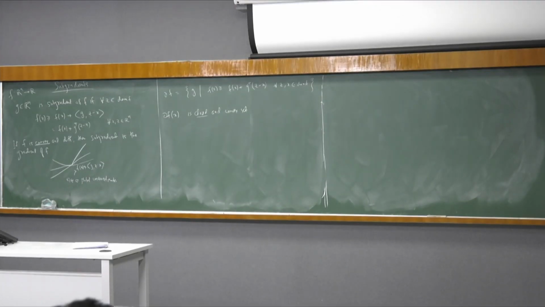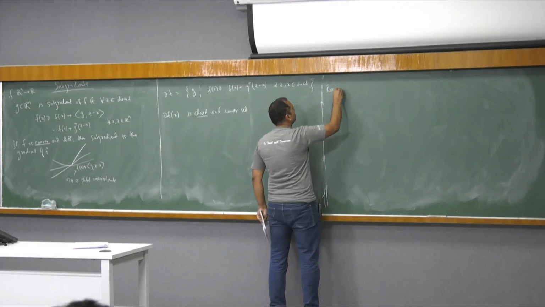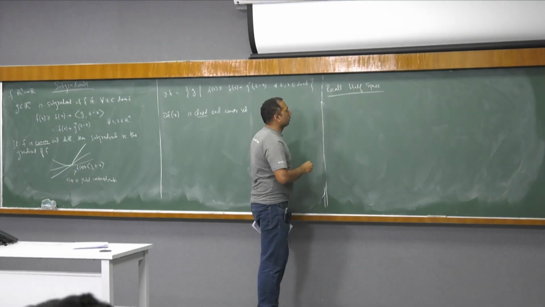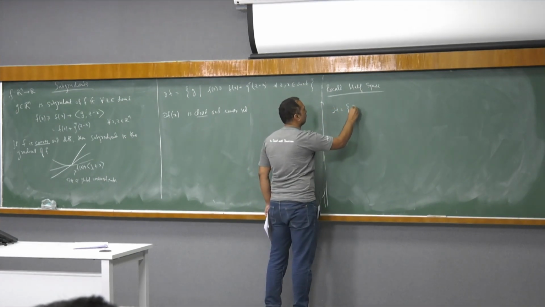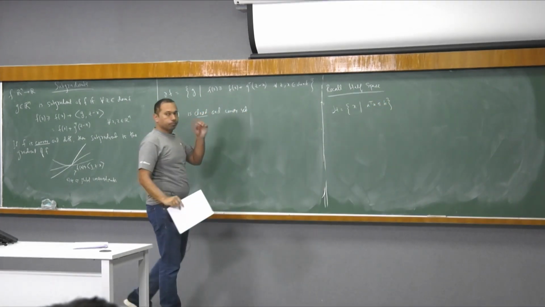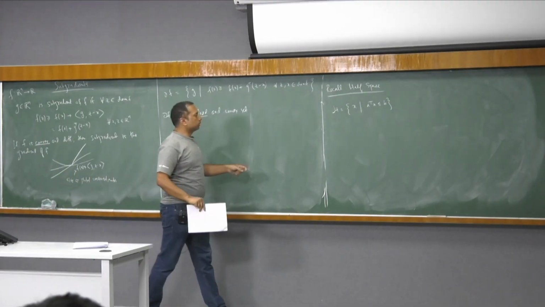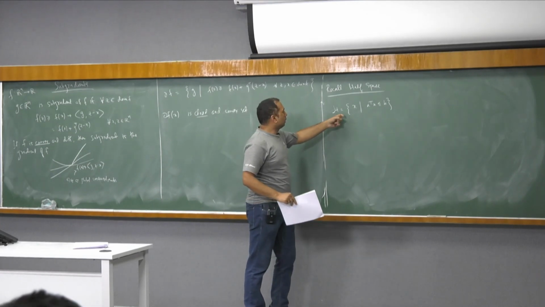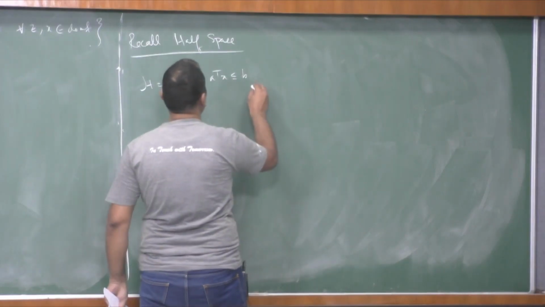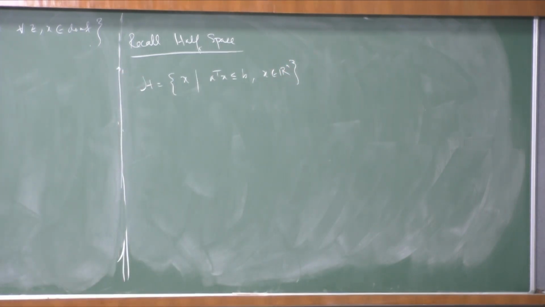Recall half spaces: they are the set of all x such that a transpose x is less than or equal to b, where x is in Rn, a is in Rn, and b is a number.